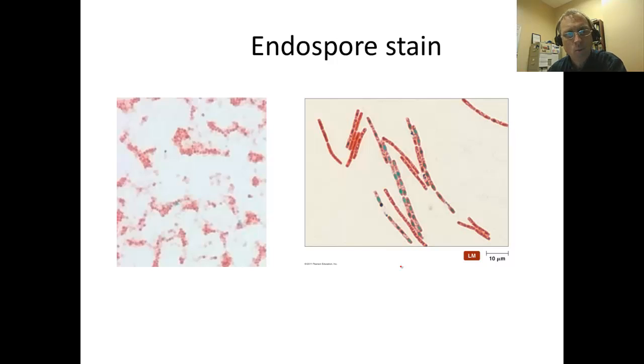So one additional differential stain that we want to be able to understand the principle of, and one that we're going to practice in lab a couple of times, is the endospore stain, which is going to be differentiating organisms into endospore-forming bacteria and endospore non-forming bacteria.